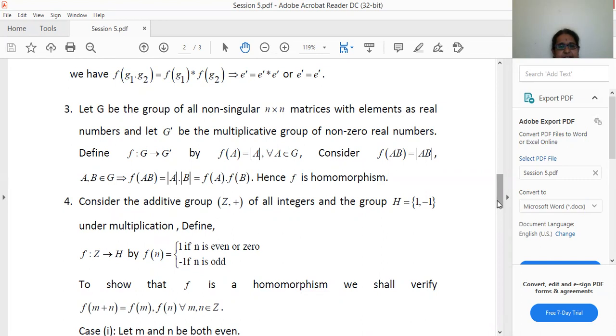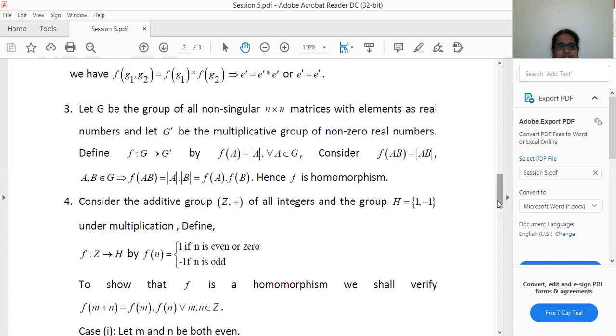Next example, consider the additive group (Z, plus) of all integers and the group H consisting of 1, minus 1 under multiplication. Here f is a mapping from (Z, plus), that is the set of integers, whereas the codomain consists of the set containing only 1 and minus 1, and the binary operation is multiplication.